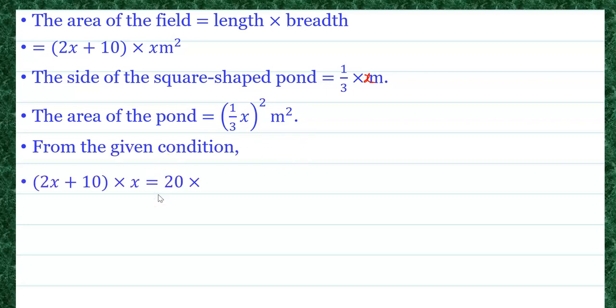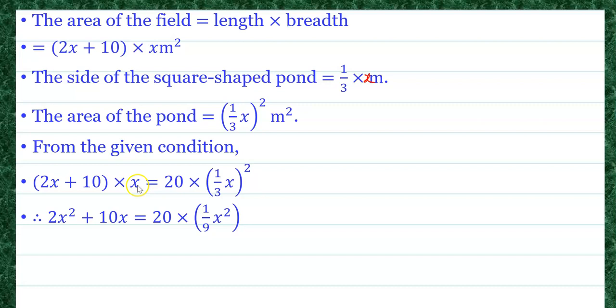From the given condition, (2x plus 10) into x is equal to 20 times, that is, the area of the field is equal to 20 times the area of the pond. If we simplify here, x into 2x is 2x square, x into 10 is 10x, and (1/3 x) square means 1 upon 9 into x square.